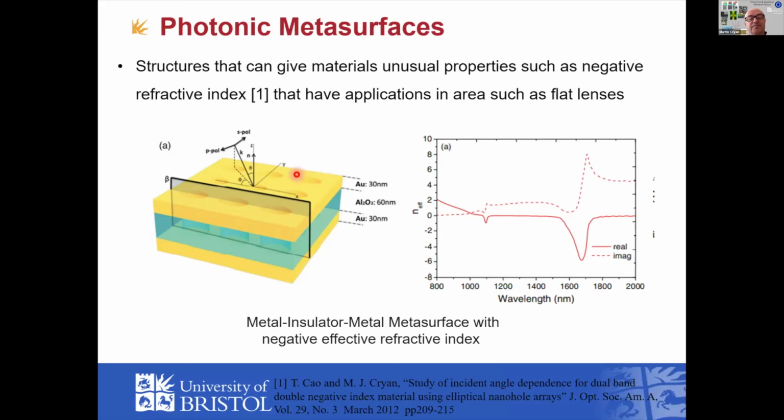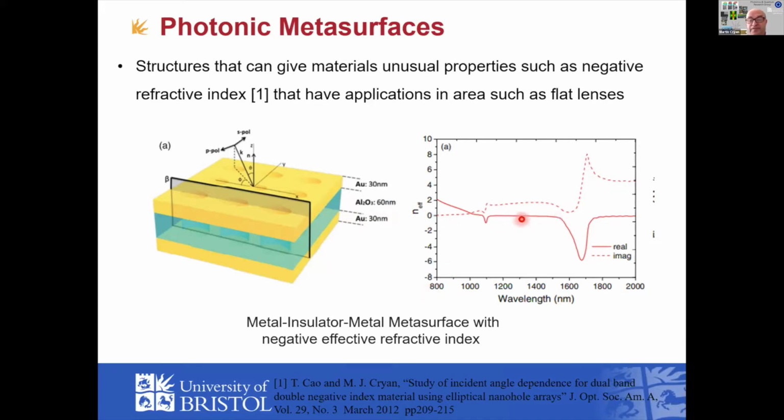Inductance happening within the structure simultaneously. But what happens if you design this structure correctly, then you can get this type of unusual behavior. So here we're plotting what's called the effective refractive index of this material versus wavelength. And we're looking at the real and imaginary parts of it.